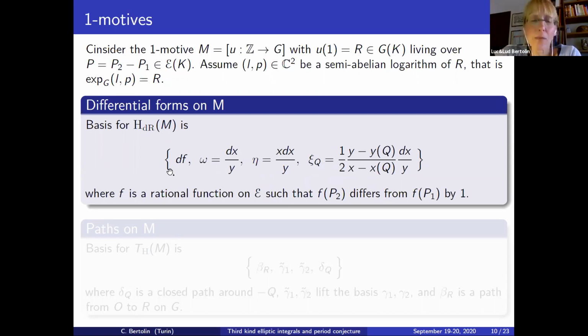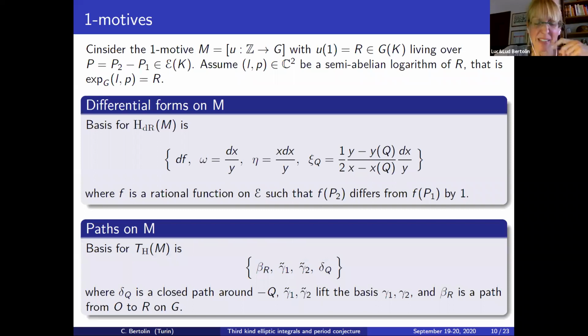And then I have only to add df, where f is a rational function, such that this is a kind of normalization that we will need later: f(P2) minus f(P1) is equal to 1. This is for the differential forms.